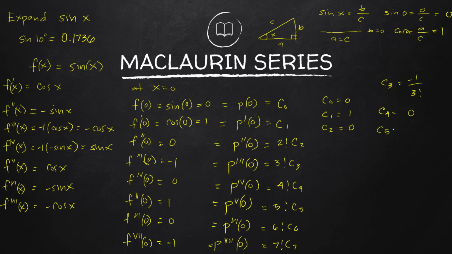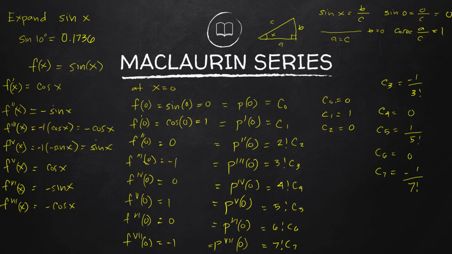C sub 5 is equal to 1 over 5 factorial. C sub 6 is equal to 0, and C sub 7 is equal to negative 1 over 7 factorial.